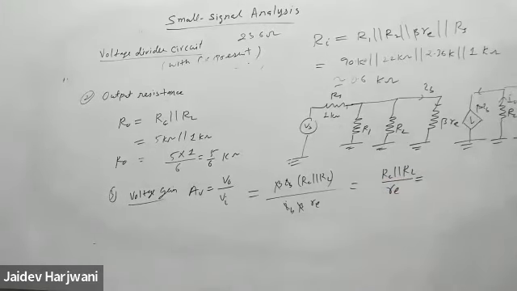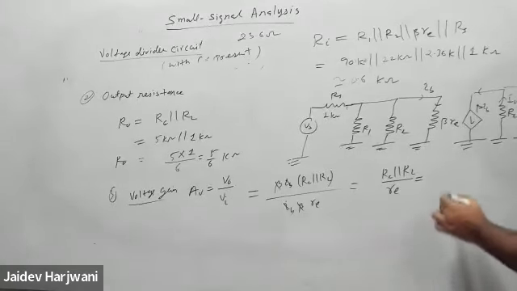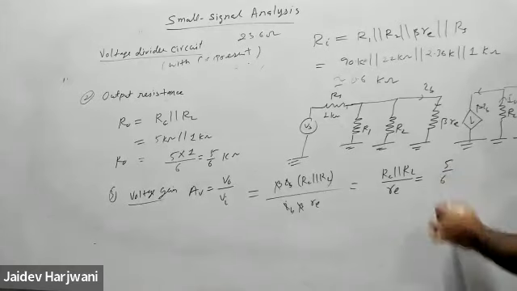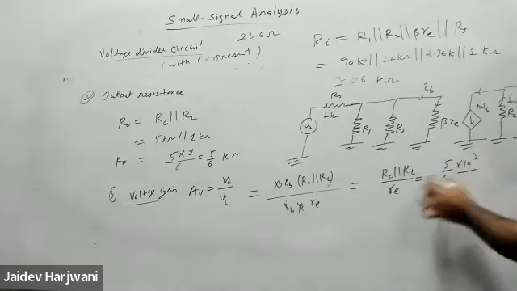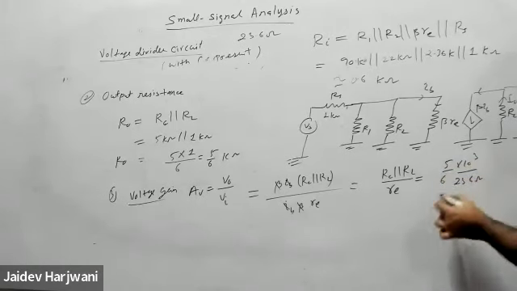Now what is RC parallel RL? RC parallel RL R naught is 5 by 6 kilo ohm divided by 23.6 ohm.